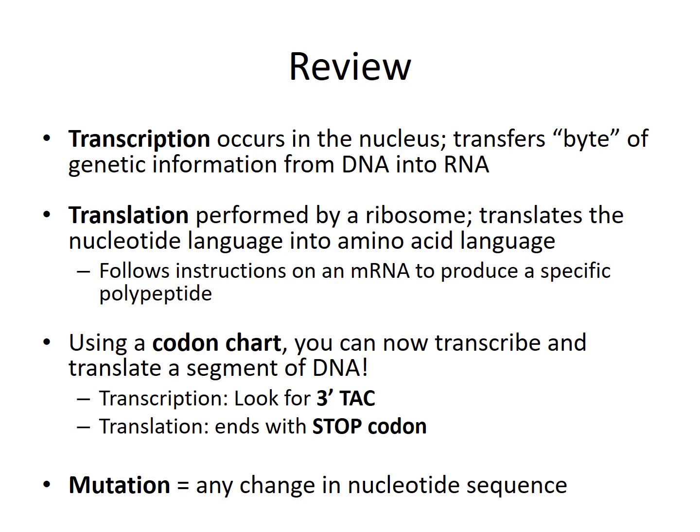And then each of the resulting mRNAs from that transcription process, you would use the codon chart to translate the codons, that triplet code, into a sequence of amino acids, translating the mRNA until you hit a stop codon where translation ends.